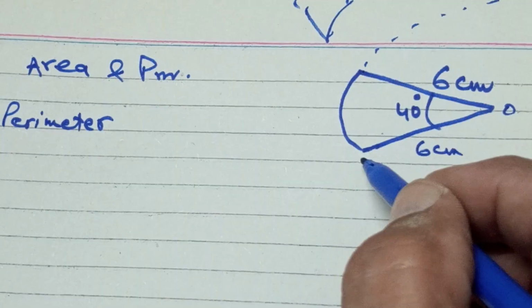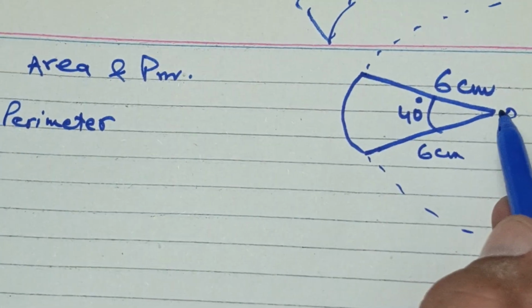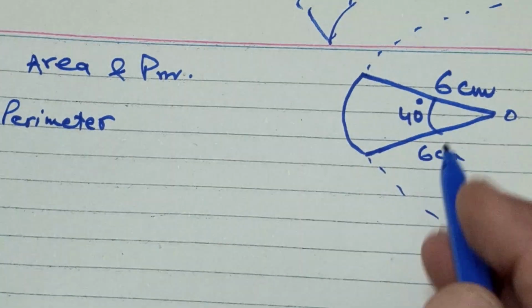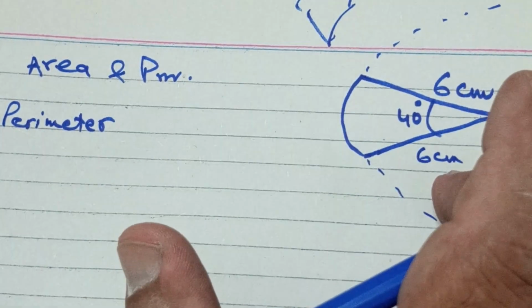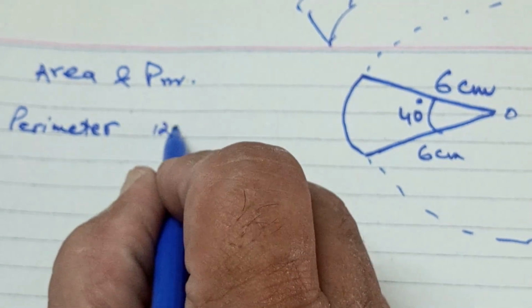This was the circle, and this is the radius with the center O. The radii are the same, 6 and 6, so 12 centimeter. We can write 12 centimeter straight away.